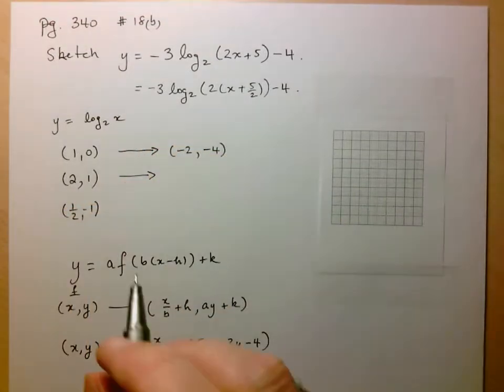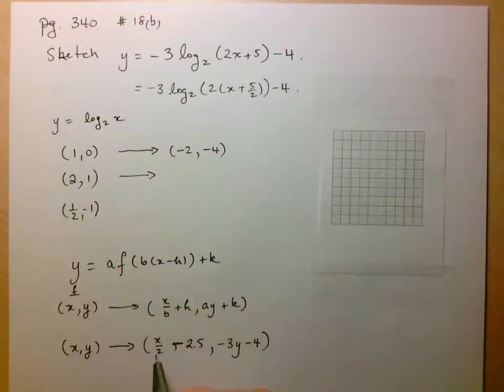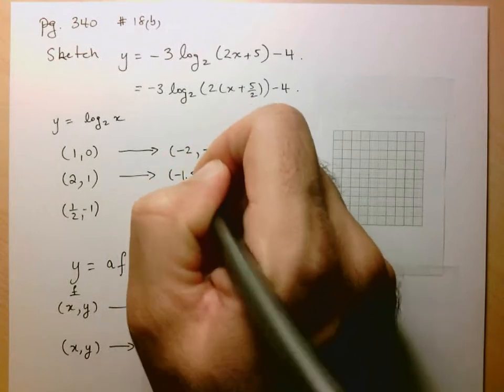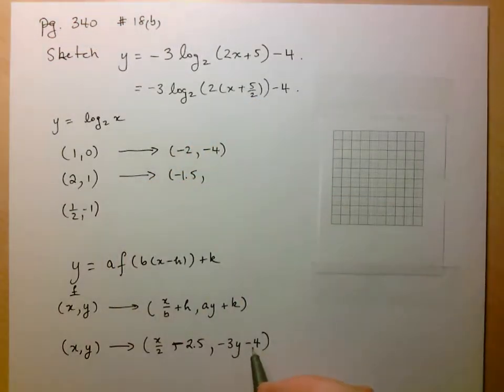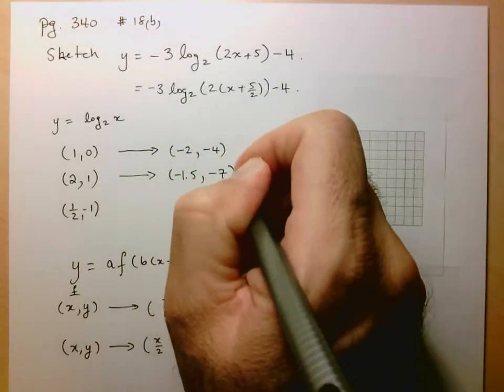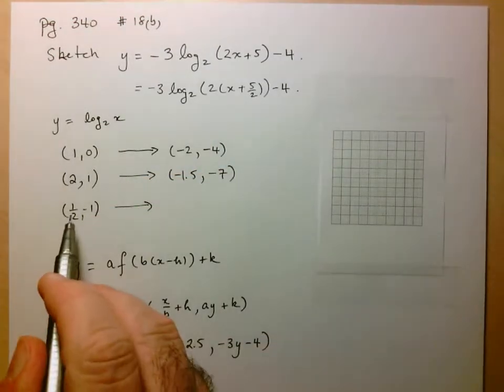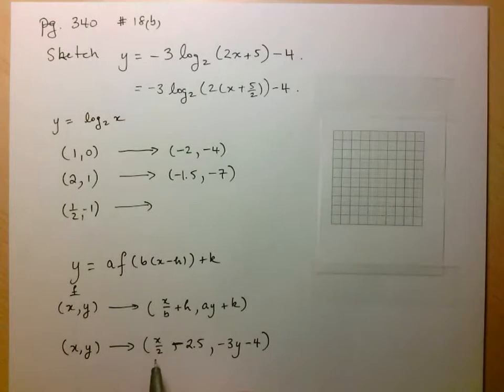Let's do this here. We have 2 divided by 2 is 1 minus 2.5, so that's negative 1.5, and then the y value is negative 3 minus 4, negative 7. And lastly, here we have a half that's being divided by 2, so that's 1/4 minus 2.5.